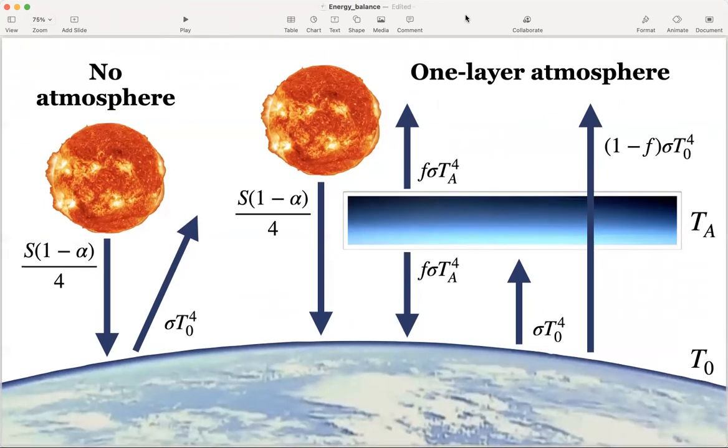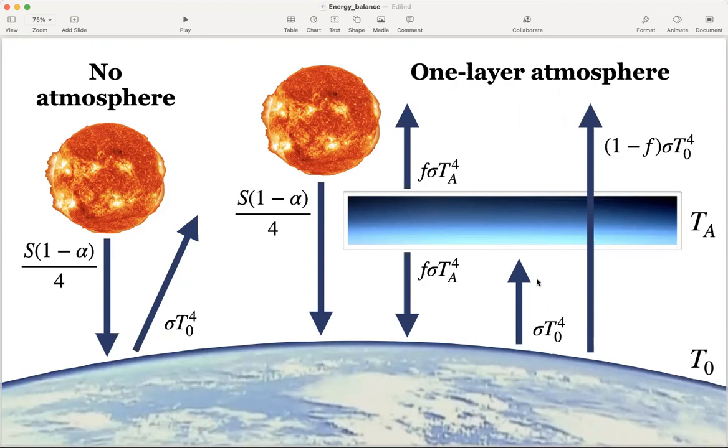So again, F is the percent of radiation from the Earth, the outgoing long wave radiation, that is absorbed by the atmosphere. The main point in 3 is to understand how T naught, the temperature of the Earth's surface, changes as F changes.